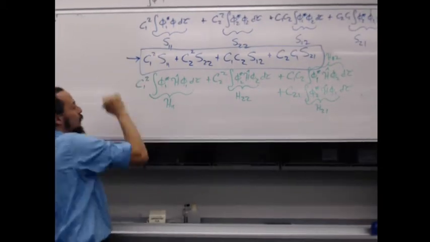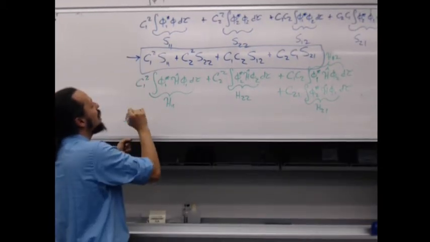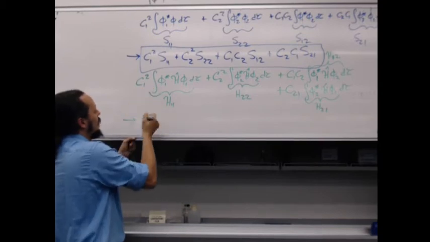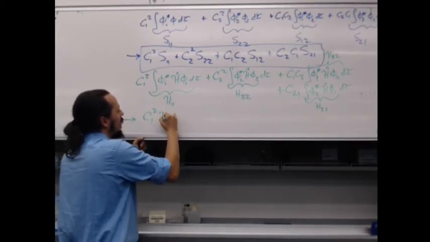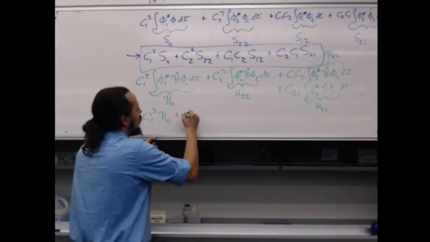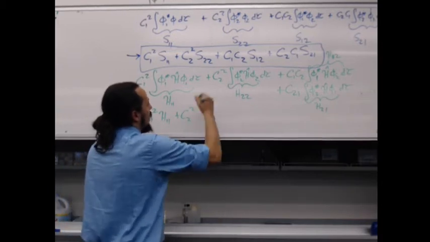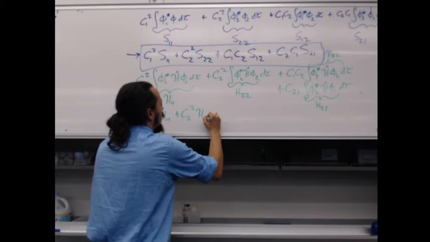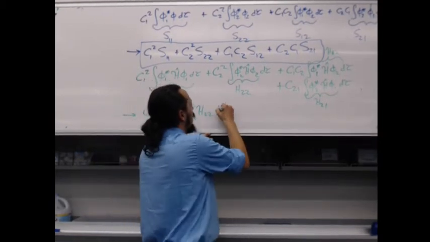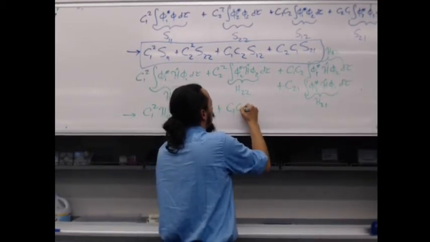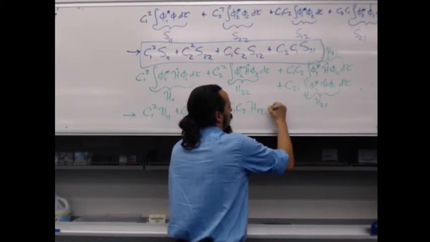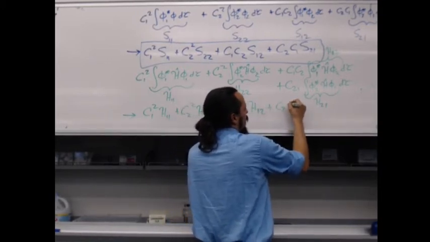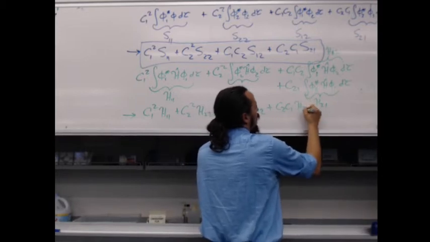So we get something that looks really similar to what we had before. We've got a bunch of unsolved integrals just hidden in there symbolically. C1 squared h11 plus C2 squared h22 plus C1 C2 h12 plus C2 C1 h21.